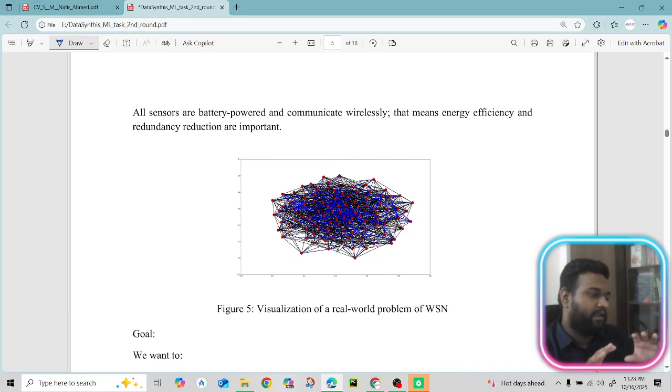This is a very complicated and complex scenario where there are multiple sensors passing data from here to there, and just by looking at this we can tell that there are so many redundancies here.